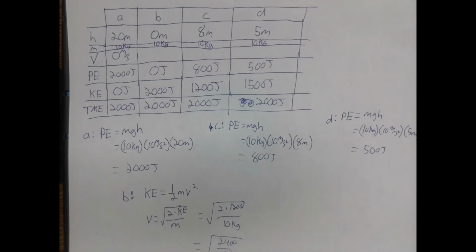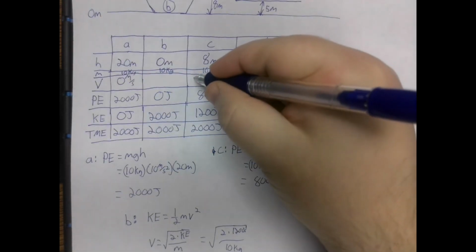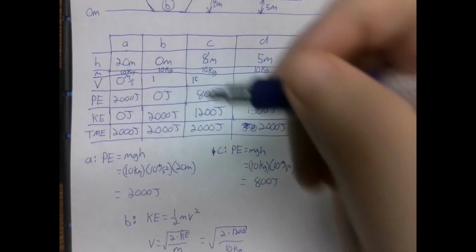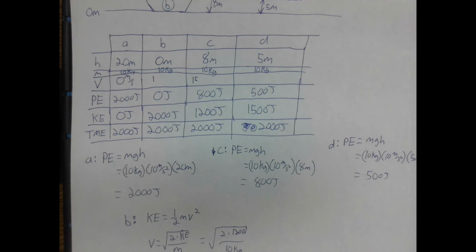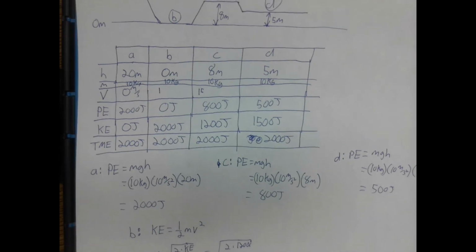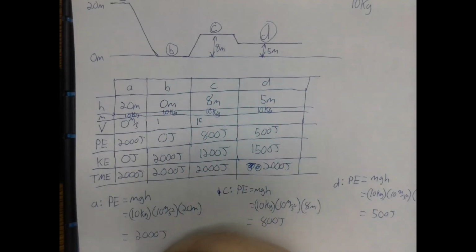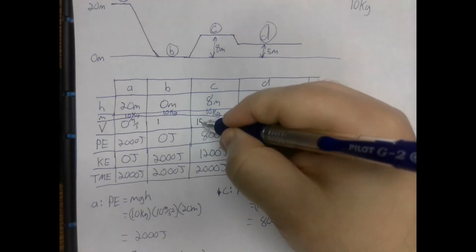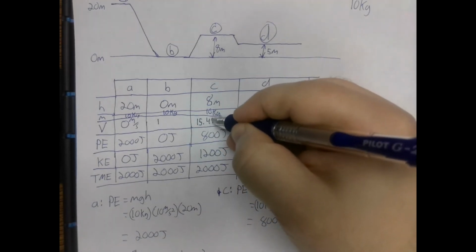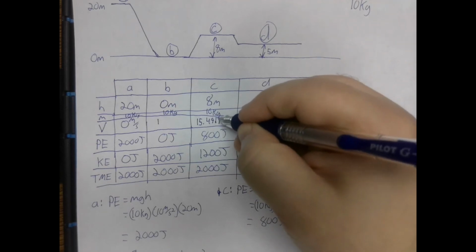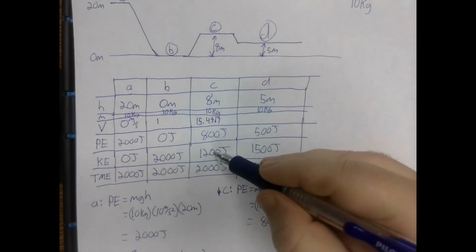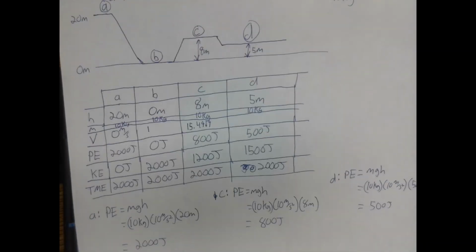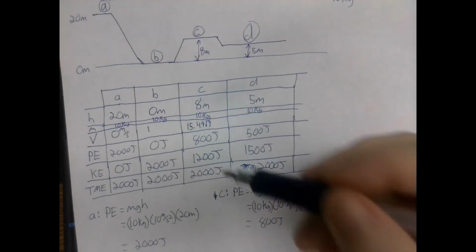So we can squeeze that value in right here. And this is for B. My bad, this was for C. I used C's value. Be careful on which values you're using from the table. I used the kinetic energy of 1,200, so this would go in the 1,200 column.